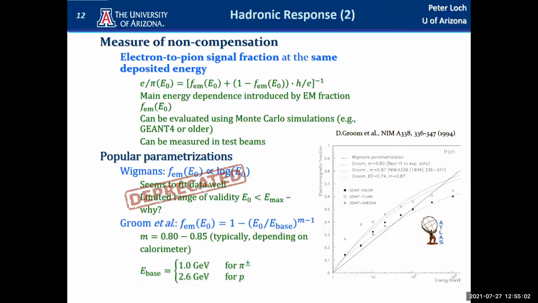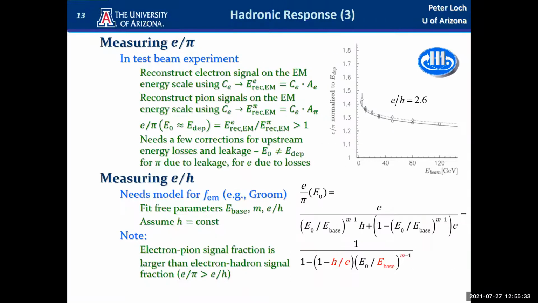The plot there is from the original paper. You can make your own judgments whether this fits well or not. For now, we just live with it to try to understand a little bit about jet response. So this is all not very practical in terms of calibration. We basically never use this function directly, but it gives us an idea how the calibration function should look as a function, for example, of the jet PT, at least the shape. We have measured E/pi. It's a little tricky.